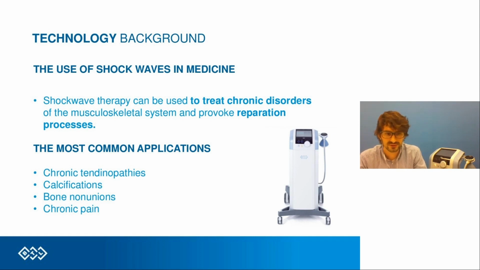And bone non-unions, whether long bones such as femur or tibia, or smaller bones, say metacarpal and carpal bones in the hand. In general, it's used for chronic pain caused by tendinopathies, muscle disorders, and the musculoskeletal apparatus in general.